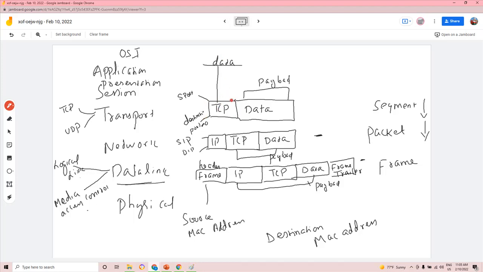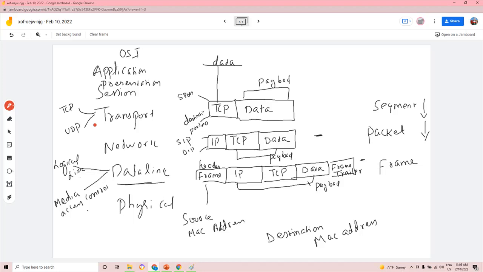When the data goes to the transport layer, if the TCP protocol is used, the TCP header will be attached. UDP is another protocol. You have a choice. Sometimes TCP will be used, sometimes UDP.